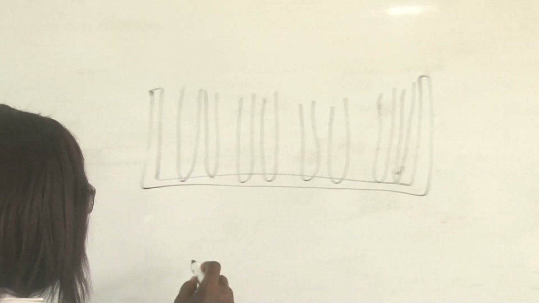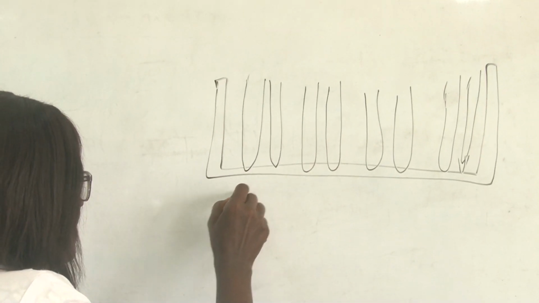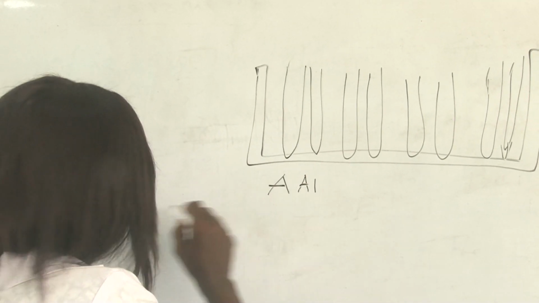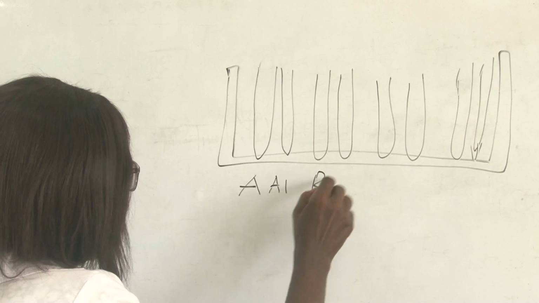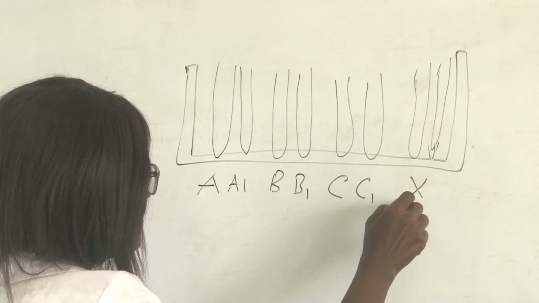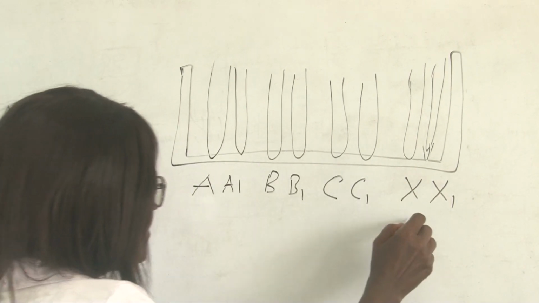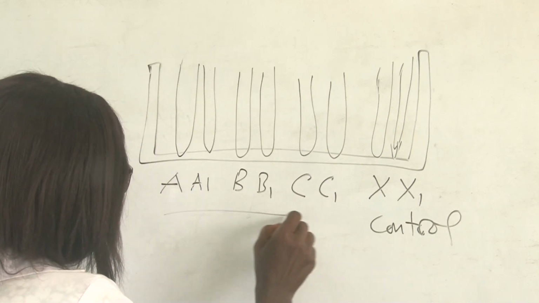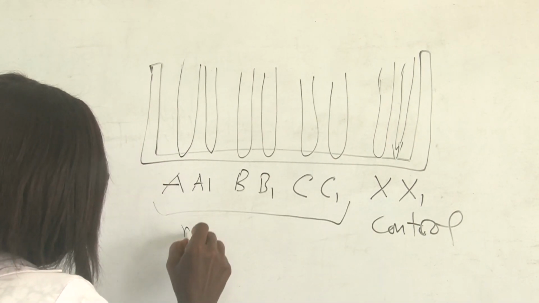So this was the plan. So some milkshakes in this one, A1, that's milkshake A, B, B1, C, C1, X, X1. And this is the control. And these are the milkshakes.